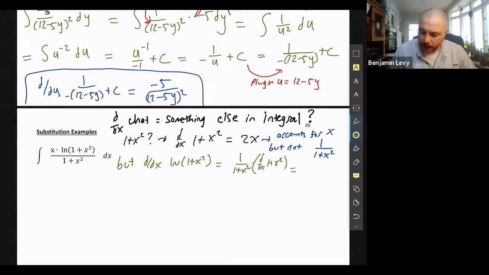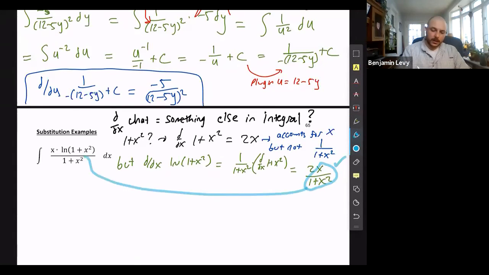So that's going to end up being 2x over 1 plus x squared. And that's nice because this is part of the problem. Right? We're going to account for the x plus 1 over x squared. Let me highlight it in here. Right there. Not the 2. We'll have to think about what to do with that 2. But I'm just trying to show why we want u to be the ln part.